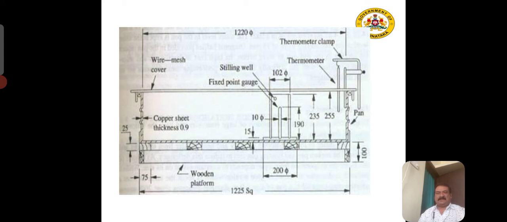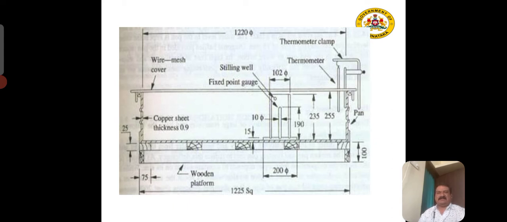So the evaporation pan should conform to IS 5973 and is also called the Class A pan. A wire mesh cover with hexagonal opening is provided at the top to prevent foreign matter from entering.